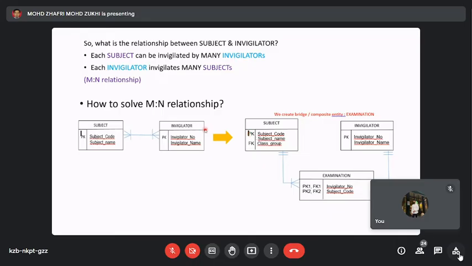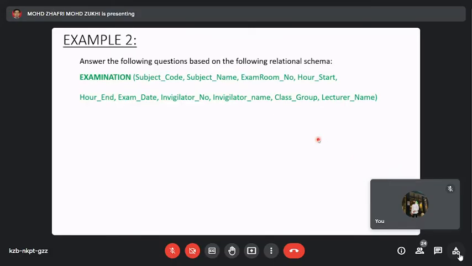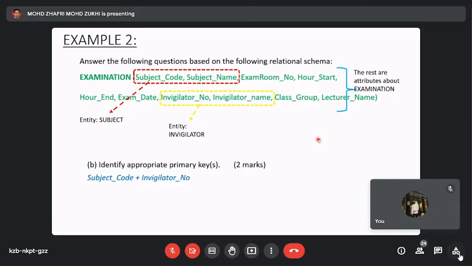So the answer for this is that the appropriate primary key is subject code plus invigilator number.